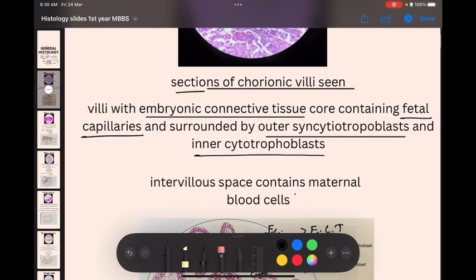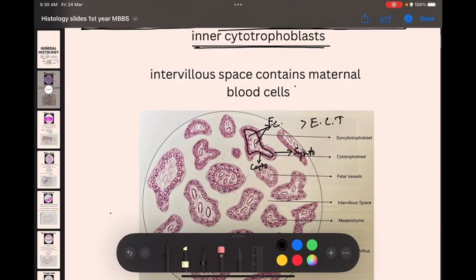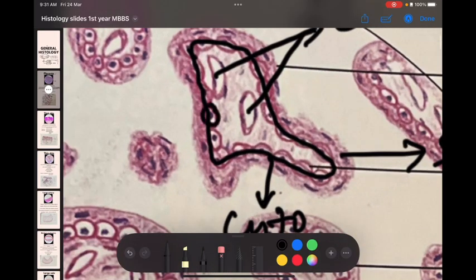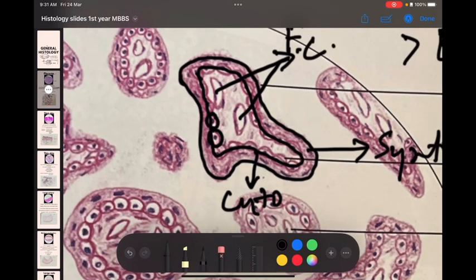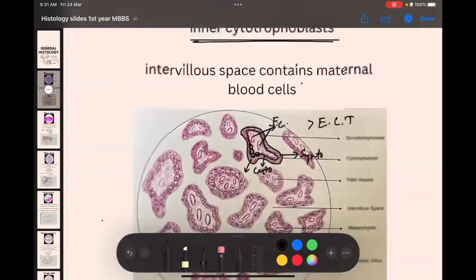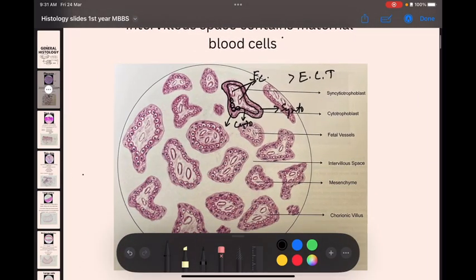The same thing: villi with embryonic connective tissue core containing fetal capillaries and surrounded by outer syncytiotrophoblast, inner cytotrophoblast. The inner is a cell-like layer, the outer is a uniform layer, it is merged. Cytotrophoblast, syncytiotrophoblast. That's all.